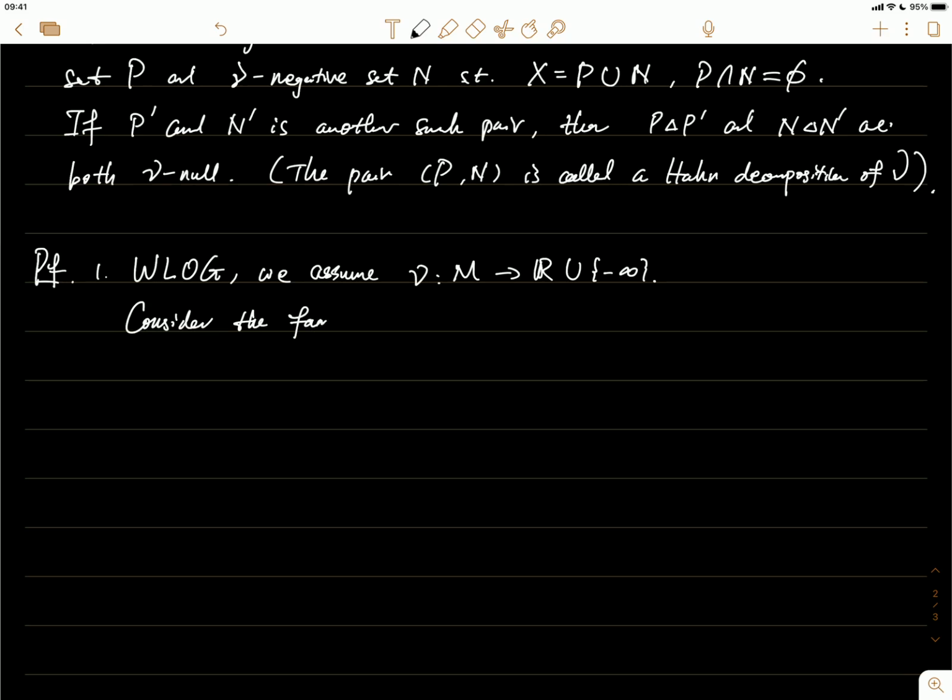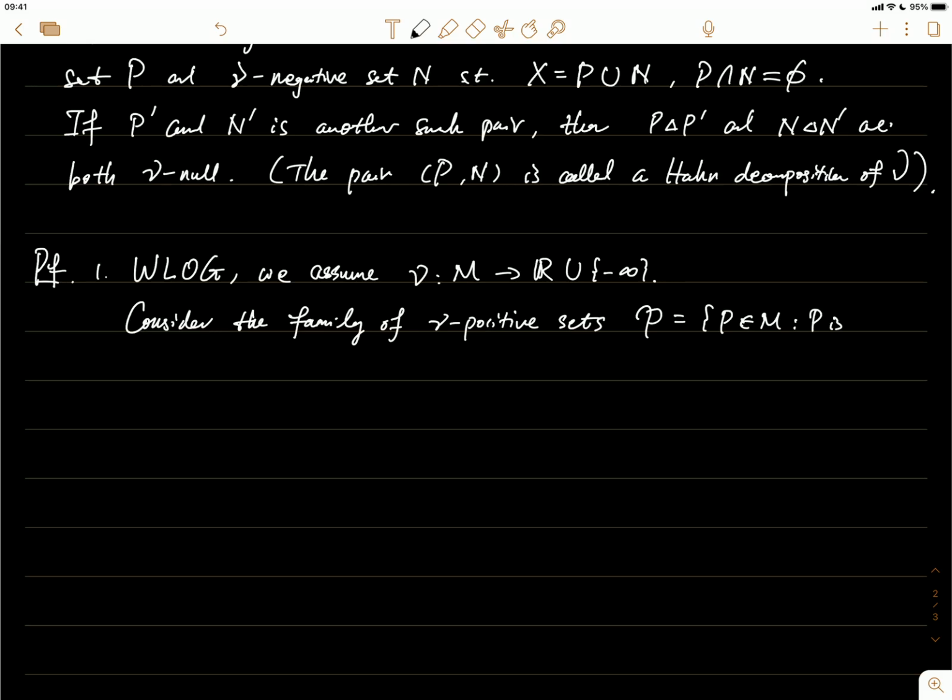Okay, and then in this case, consider the set of nu positive sets. We denote by this set the set of all the measurable nu positive sets.